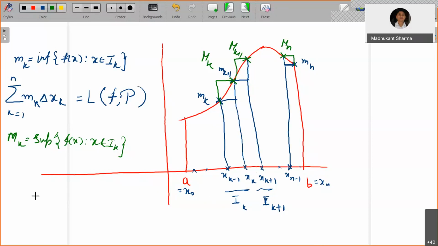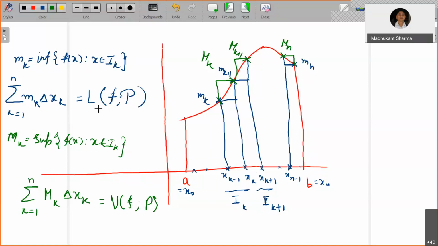Then if you collect all the possible areas by getting these capital Mk's and delta xk, and take the sum, this is going to give you the sum of all upper rectangles. That is denoted by U of f, P, which is also known as the upper Riemann sum, and this is known as the lower Riemann sum.